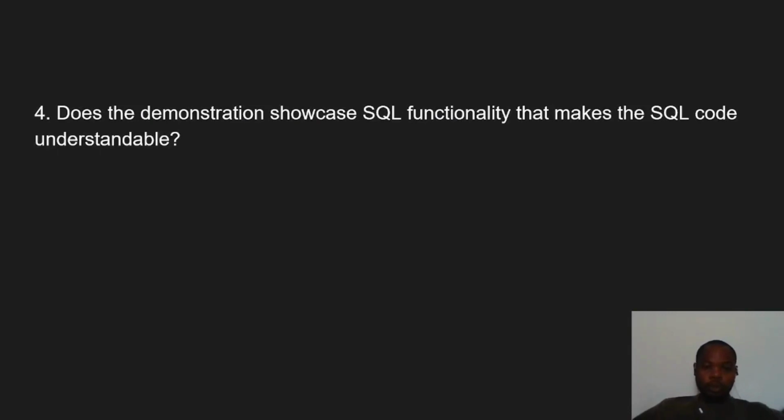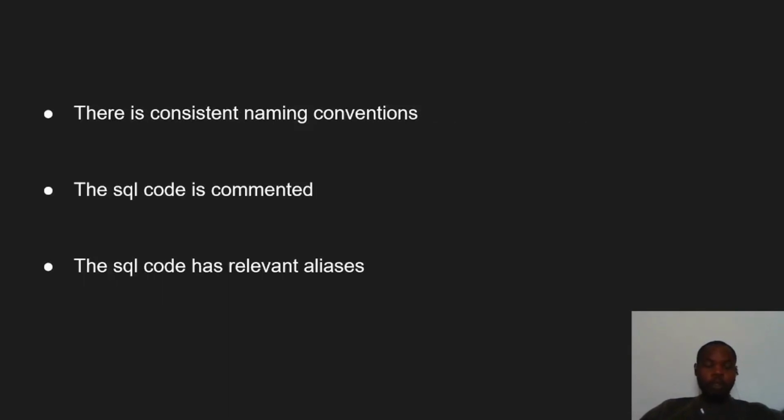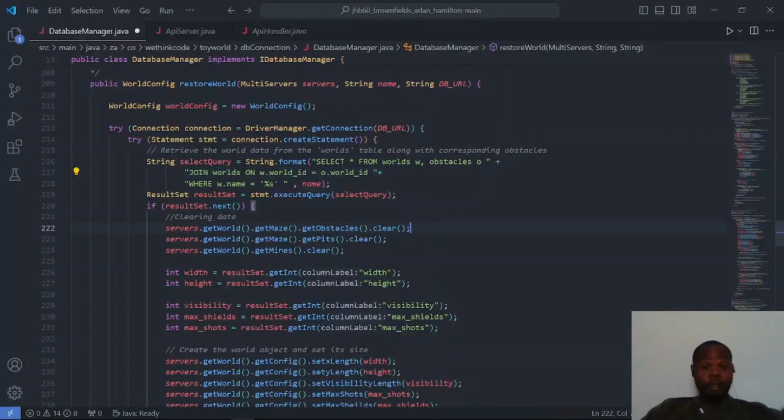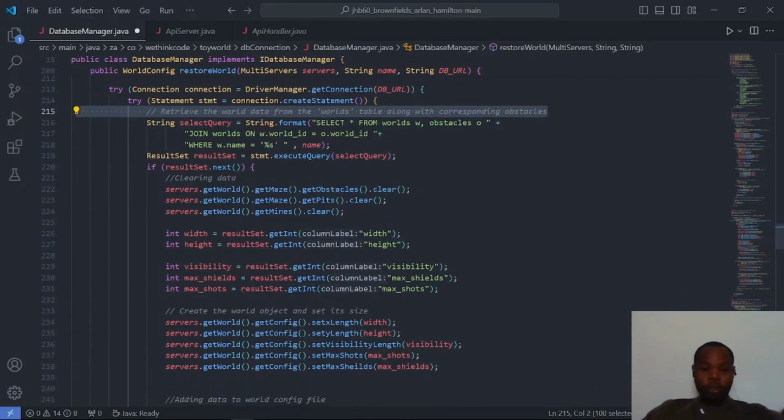So does a demonstration showcase SQL functionality that makes SQL code understandable? So this consistent naming convention, SQL code is commented and the SQL code has relevant aliases. So the commenting about the SQL code helps tell the person going through it what that particular piece of code is doing.